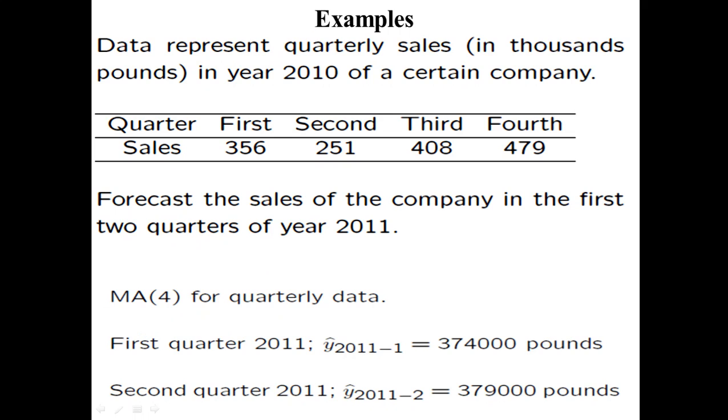Moving average for the quarterly data will be, for the first quarter, equal to the sum of all these quarters, or sum of these sales, over 4.